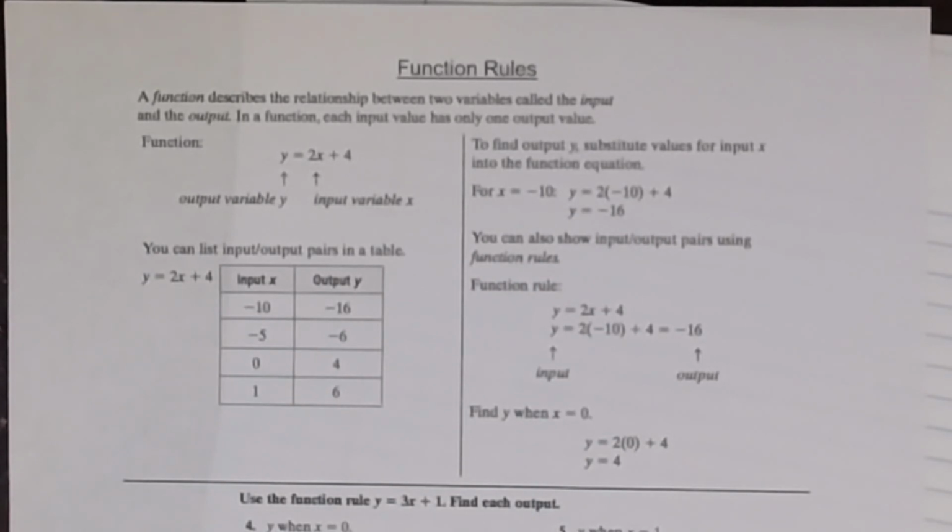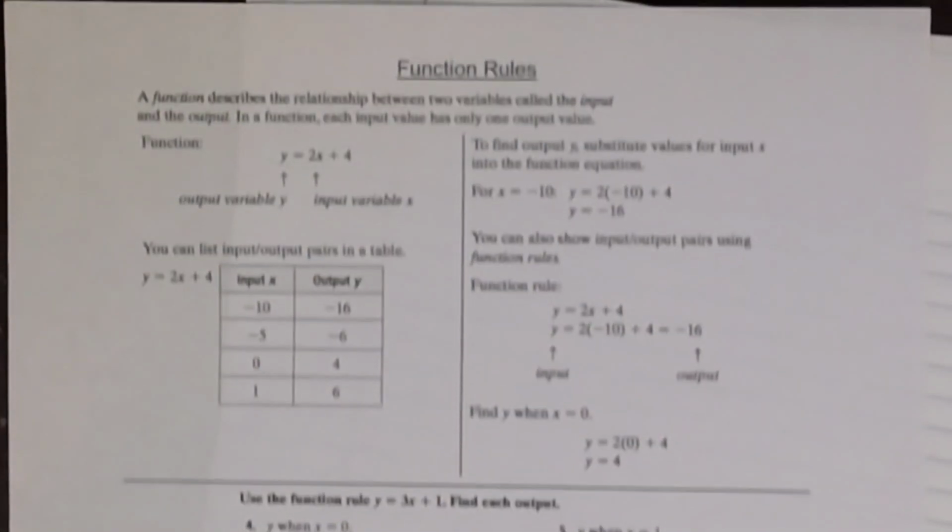No matter how efficient your car is, it only goes a certain amount of distance. The amount of gas that you put into it is considered your input, and your output is how far you can go with that amount of gas, or in this case, that amount of input. So basically, it's like a machine. You put something into it, you get something out of it: an input and then an output after it goes through the machine.